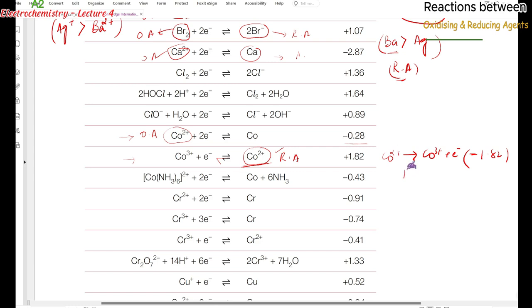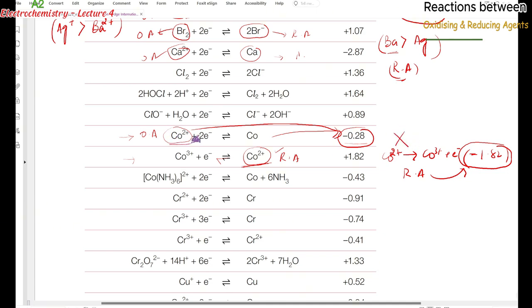So this is the reducing agent power. This is the oxidizing agent and its power. And if this value is bigger than this one, then the reaction will happen. And it is not bigger, it is less than that, so they cannot react.